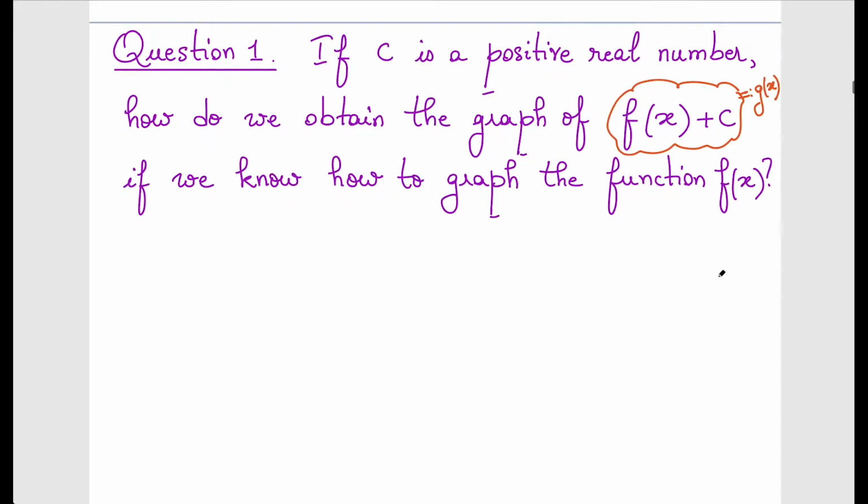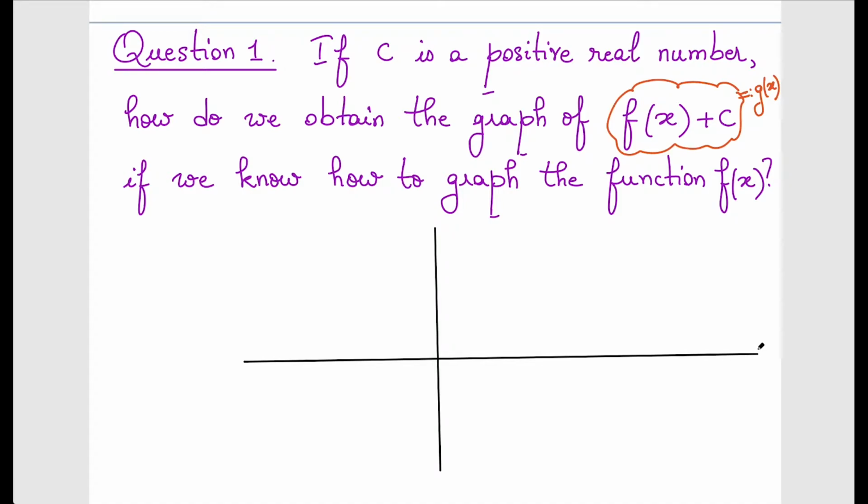Okay, so let's say that we have the graph of f. Say this is the xy plane. And let's say the function f makes such a dance like this. And the question is, how do you obtain f of x plus c? How do you obtain the function g?